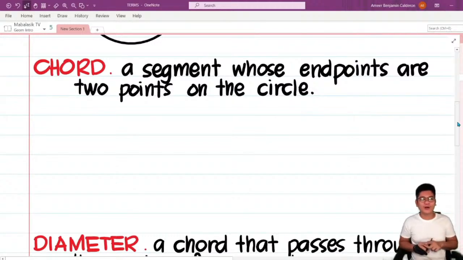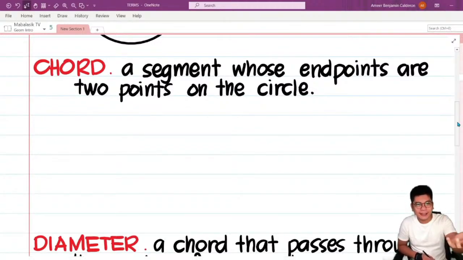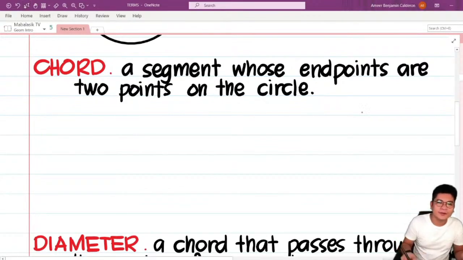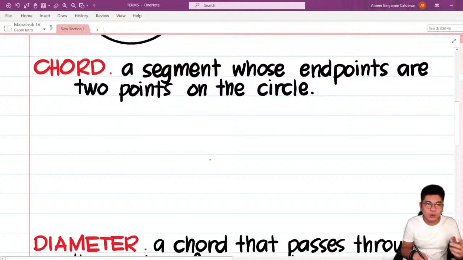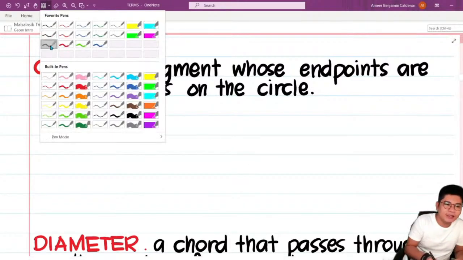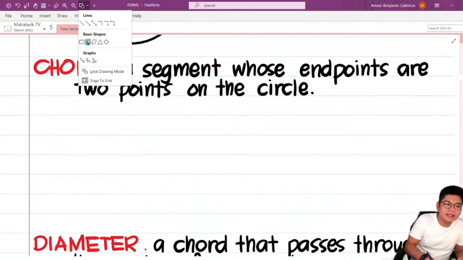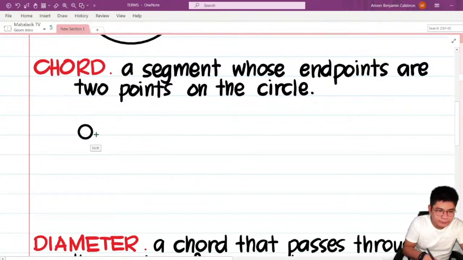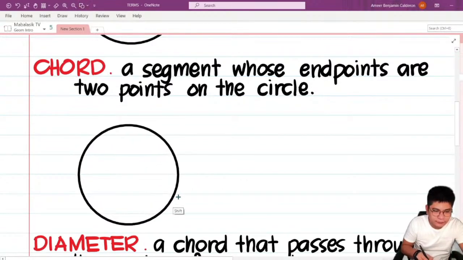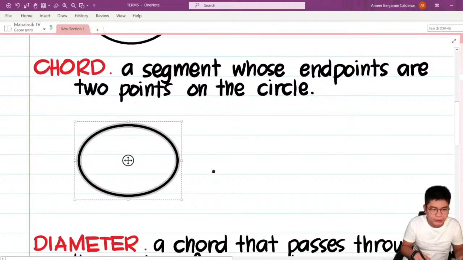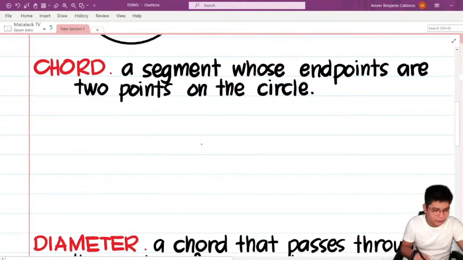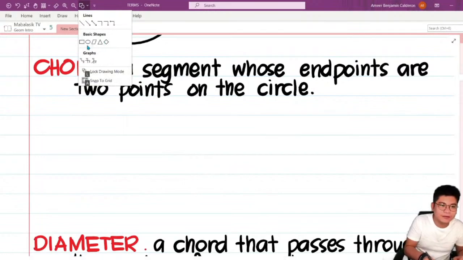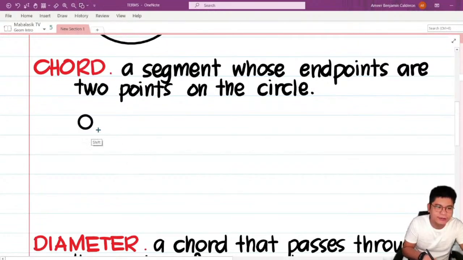Now, let's go to the second one. Chord. A chord is a segment. So, it's also a segment. It has end points. Ano yung endpoints niya? Are points on the circle. 2 points on the circle. Let us draw a circle. So let's draw a circle.